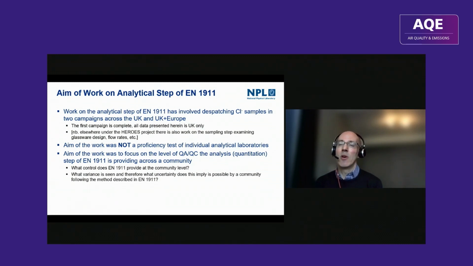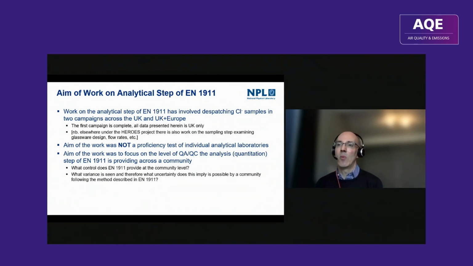The aim of the work, and I want to stress this, was not a proficiency test of individual analytical laboratories. That's not what we were trying to look at here. What we were trying to look at was to understand the level of control that the analysis of EN1911 is providing across the community.